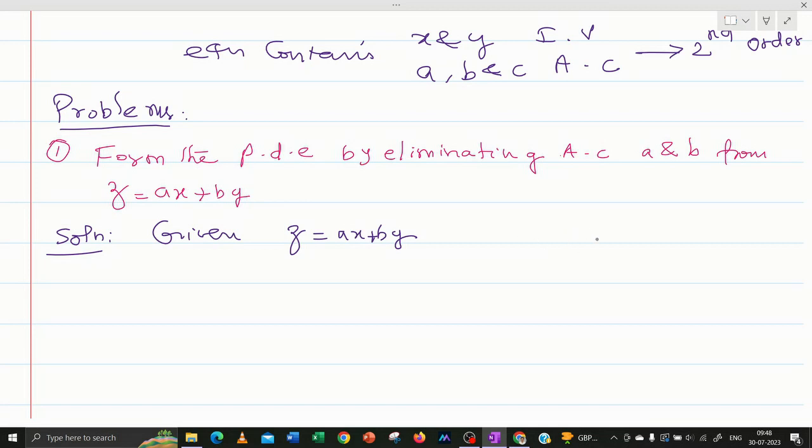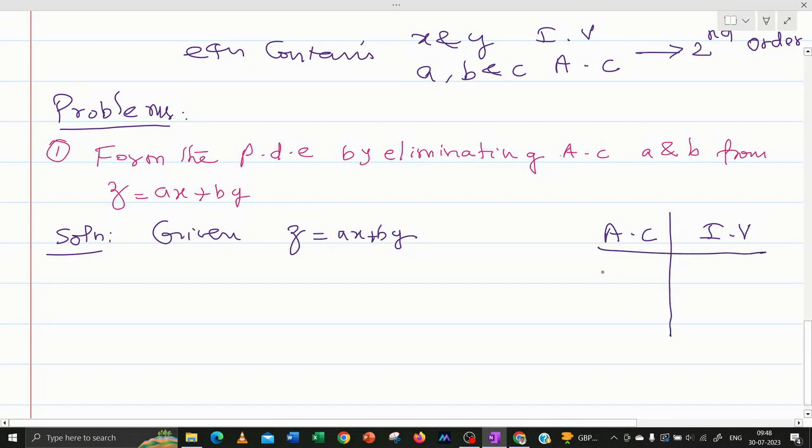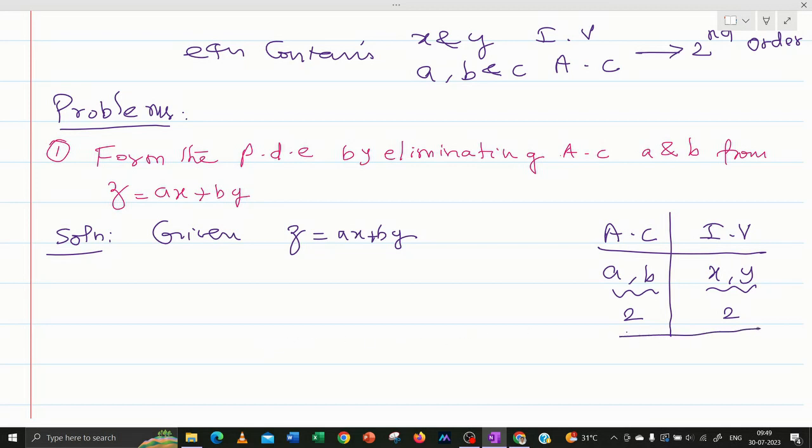Here we can see how many arbitrary constants are there and how many independent variables are there. a and b are the arbitrary constants, and x and y are the independent variables. That means two arbitrary constants and two independent variables, so we will get the resulting equation in first order. We take this as equation number 1.